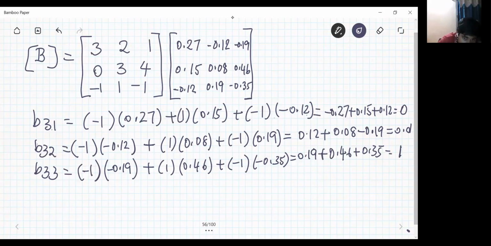First row is 2, minus 1, 2. Second row, 5, 10, minus 3. Third row, minus 3, 1, 1. For this, you find the inverse and check, so that you will know whether what you have done is right or wrong.